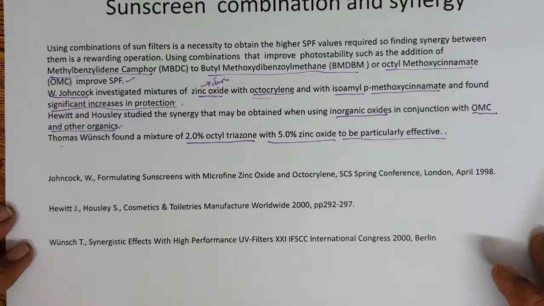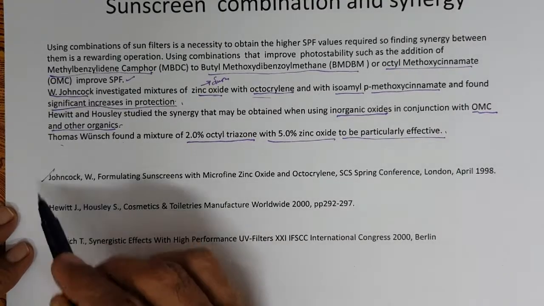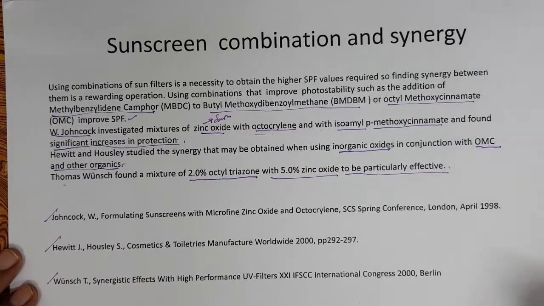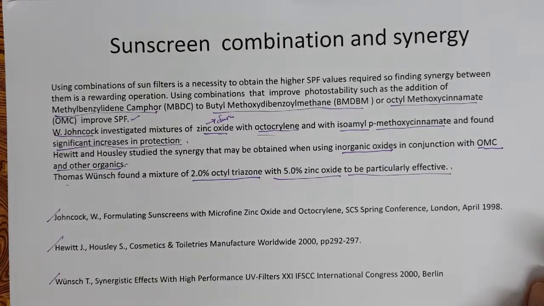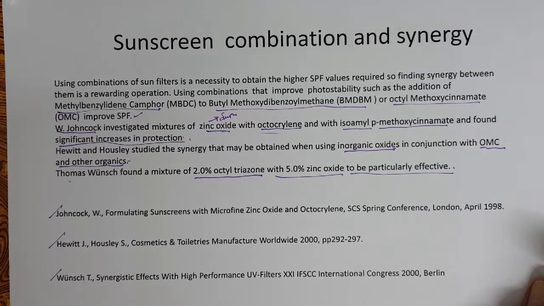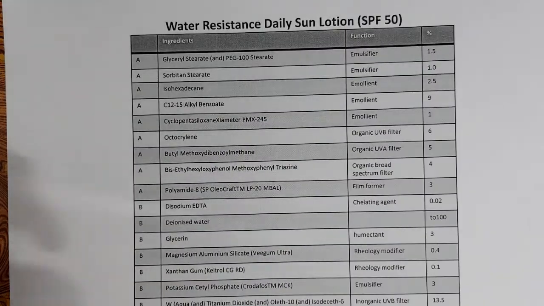These are the references, and if you want to go through the synergies between all sunscreen combinations, you can go through this work, right? So, how you can effectively combine sunscreens to improve the efficacy?